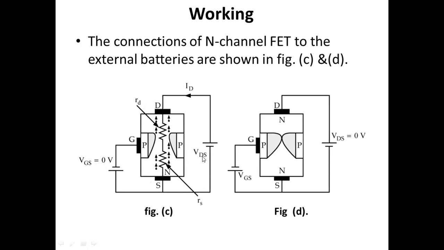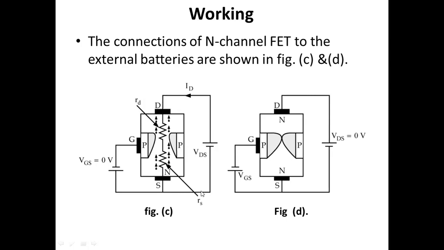When no voltage is applied to the gate, that means VGS is equal to 0, and VDS is applied between the source and drain, the majority charge carriers, that means electrons, flow through the N channel from source to drain. Here the source is N-type material, so this is an N channel FET.